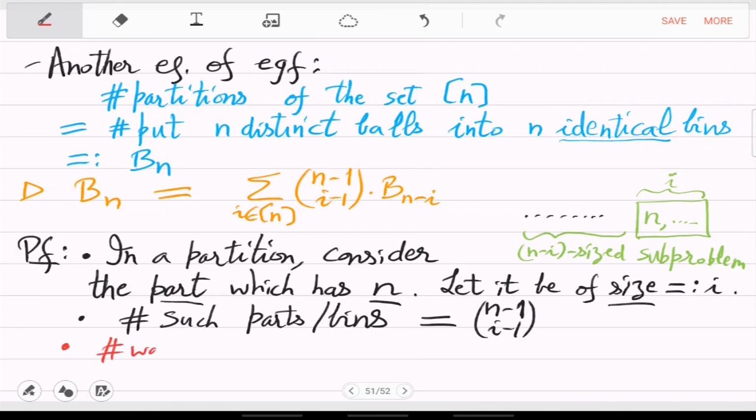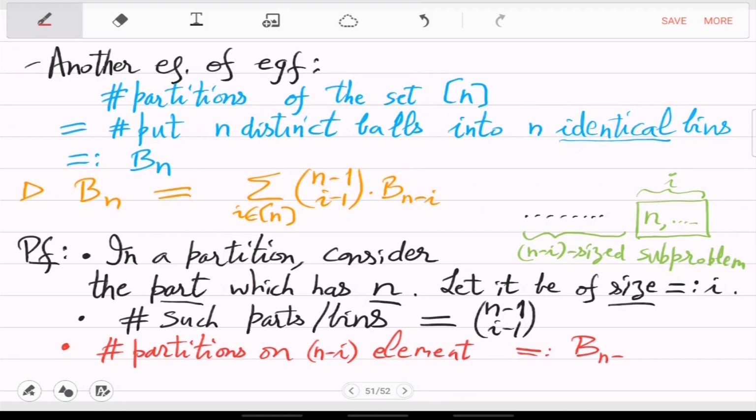So the number of ways or number of partitions on n minus I elements is then by definition B on n minus I.